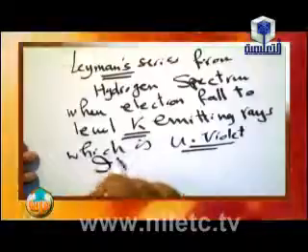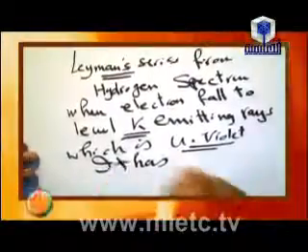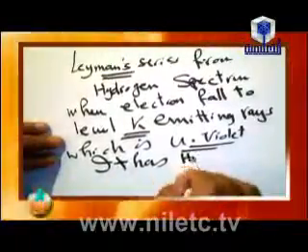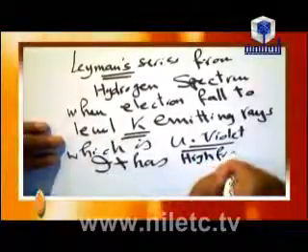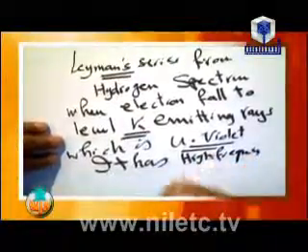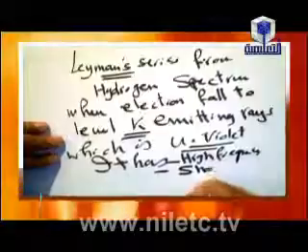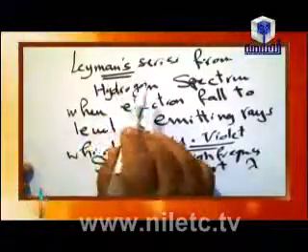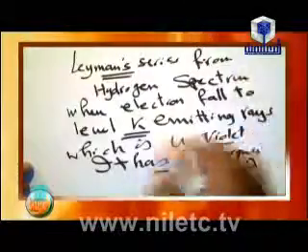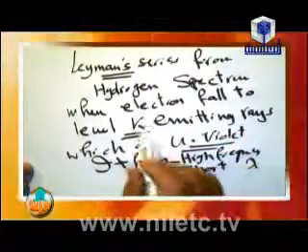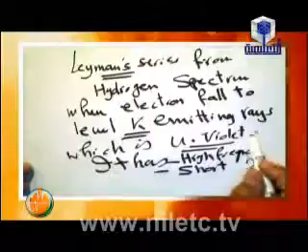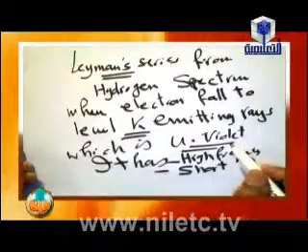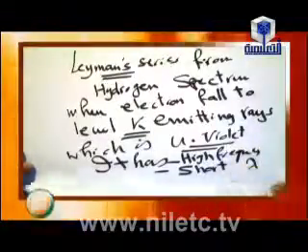It has high frequency and short wavelength. So Lyman series: when an electron falls from a higher energy level to level K, it emits ultraviolet rays. These ultraviolet rays have high frequency and very short wavelength.